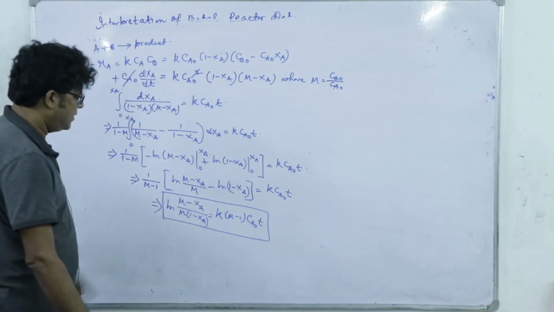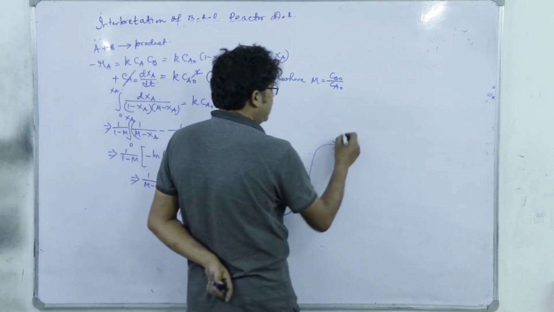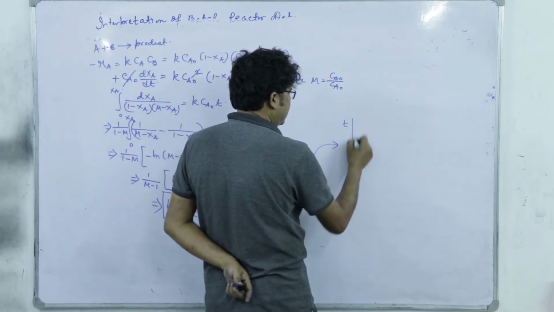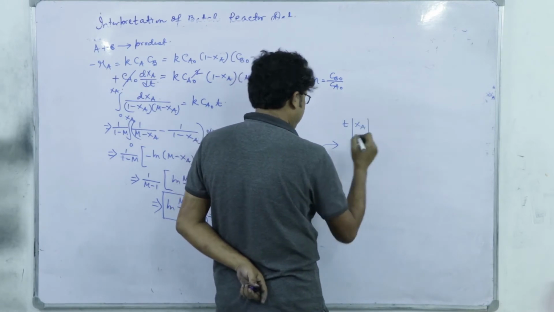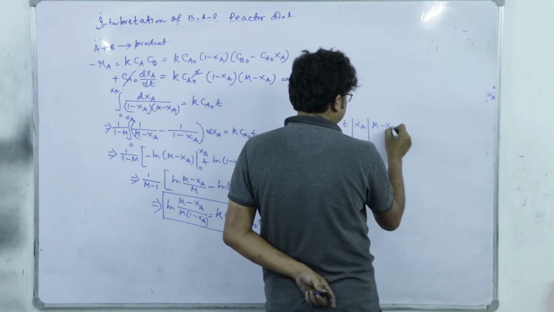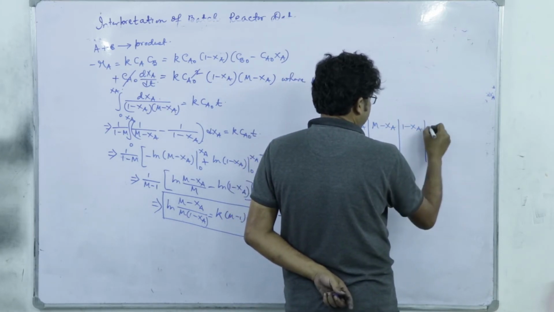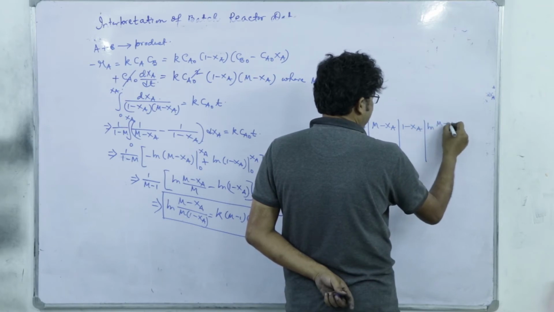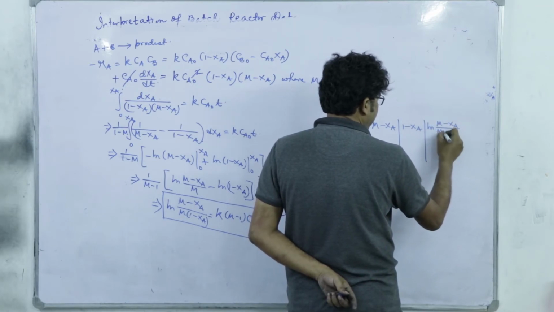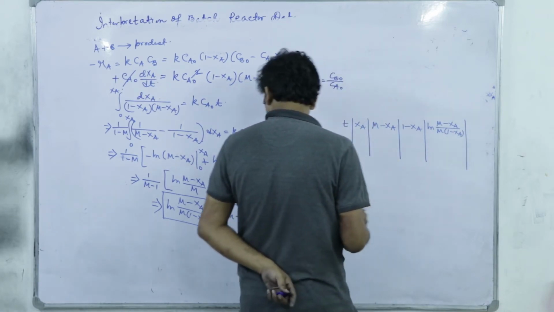So, this is the integrated form. So, what we will do? We will generate this t, Xa, then M minus Xa, then 1 minus Xa, then ln of M minus Xa versus M into 1 minus Xa, that data.